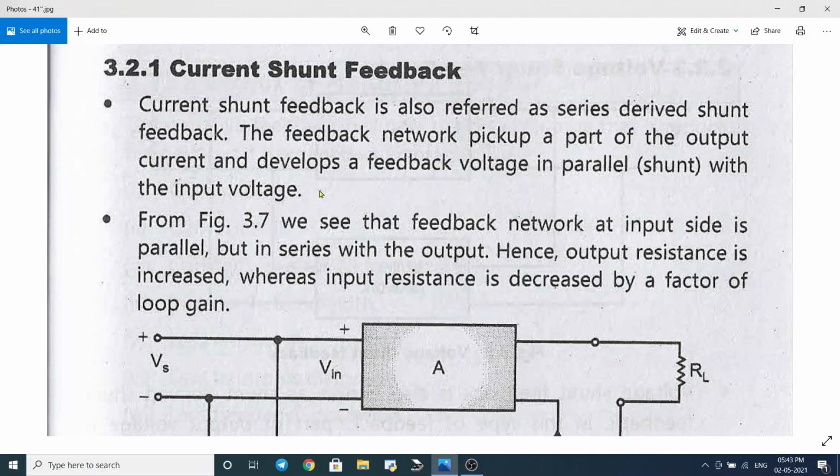Depending upon the type of sampling, there is either voltage feedback or current feedback, and depending upon how the feedback voltage is injected at the input, there is shunt feedback and series feedback. So by mixing the type of sampling and type of mixing, we have these combinations.